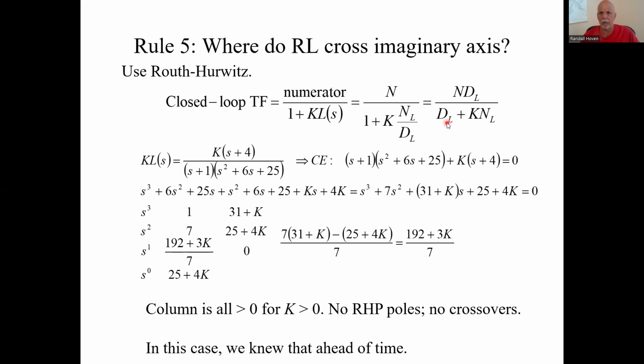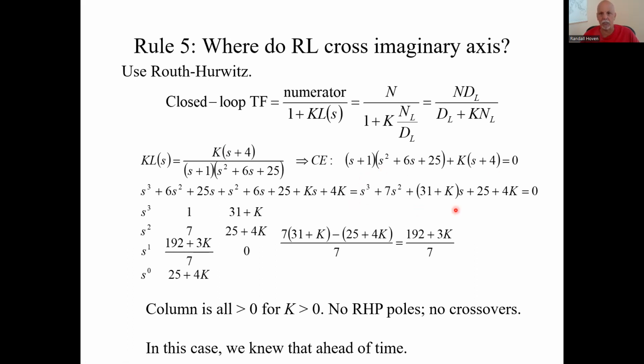It's just going to be the denominator of our L plus the numerator, basically. So here's our KL. The characteristic equation is going to be this denominator plus this numerator. I'm just trying to give you a tip on how to set up that characteristic equation.